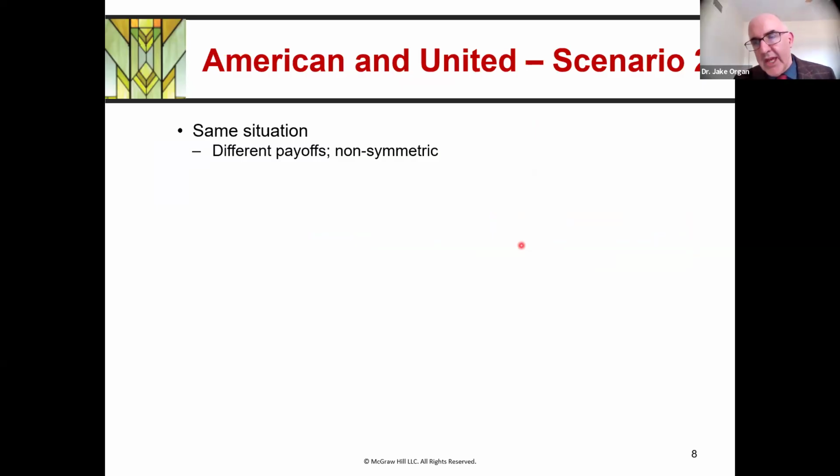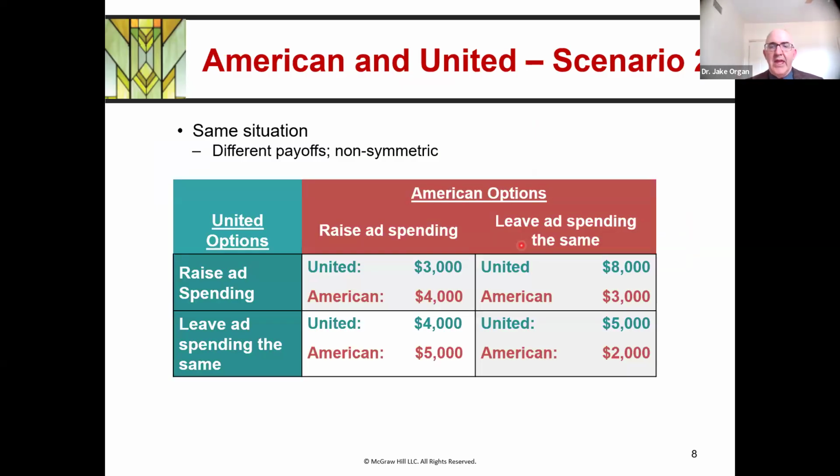But let's try and think of a different scenario when it's non-symmetric. So let's say United raises ad spending. If you think about it, it's not so much of a dominant strategy. They would raise ad spending, and it will be good if American leave ad spending the same. But if they raise ad spending and American raises ad spending, they're going to earn 3,000 as opposed to 4,000.